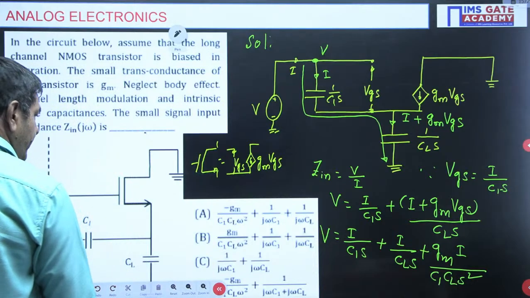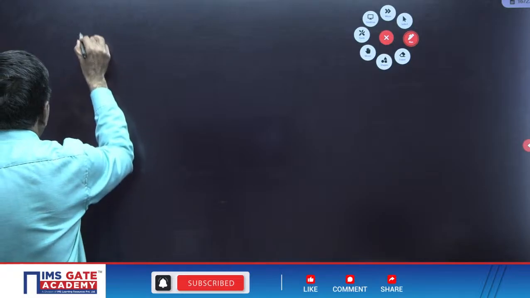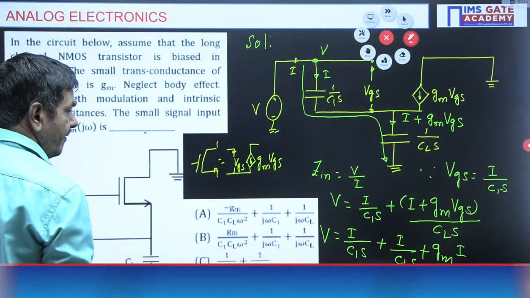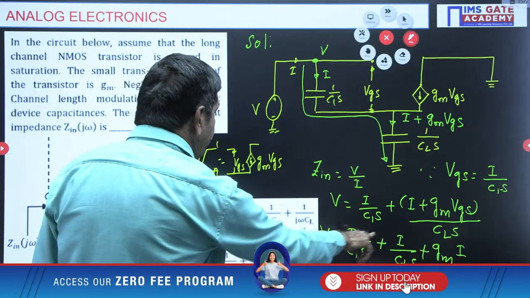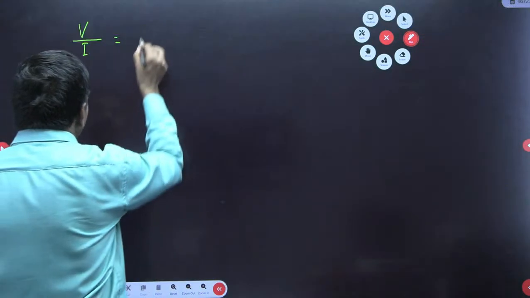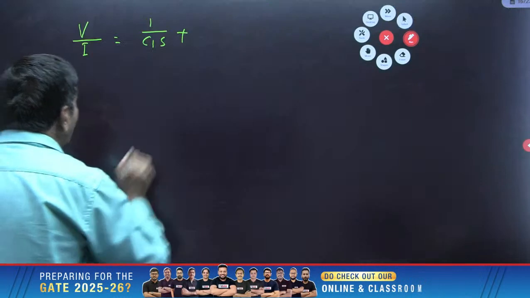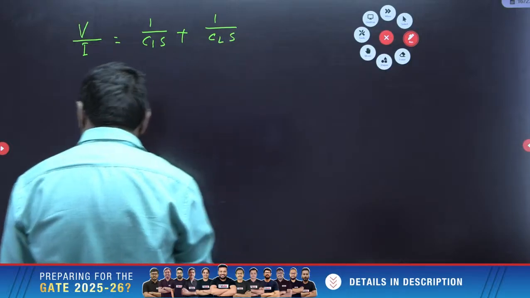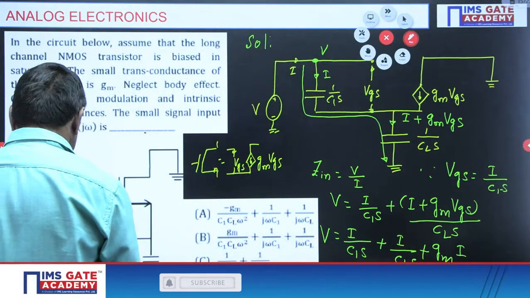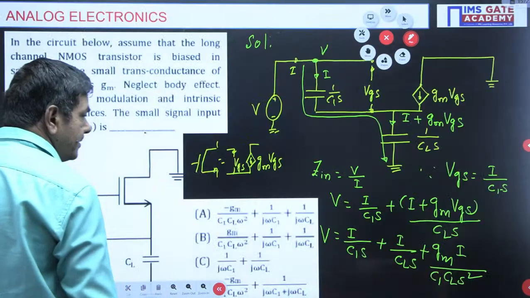What is V by I? It is 1 by C1S plus 1 by CLS plus GM by C1CL S square.